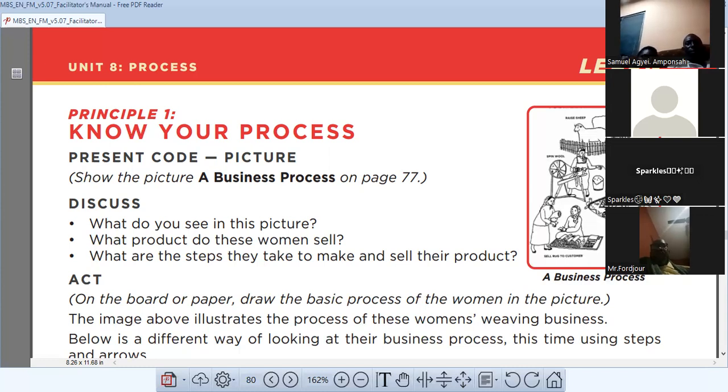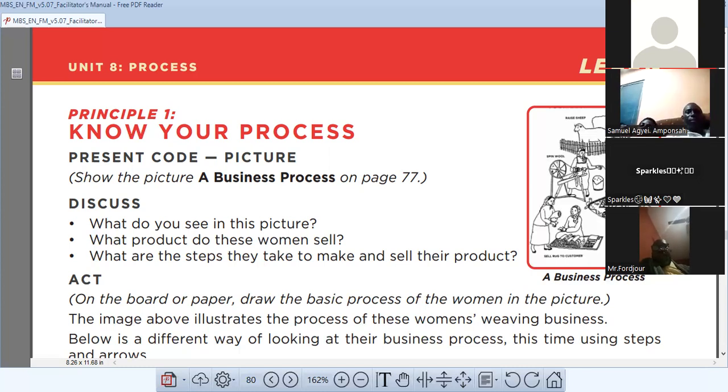If you are selling rice, it means maybe you are buying it from somewhere or you are planting the rice. When it grows up, you harvest the rice, then you pack it, then you go and sell it to the market. That's your process. In my country, there are some outlets that sell cooked chicken.